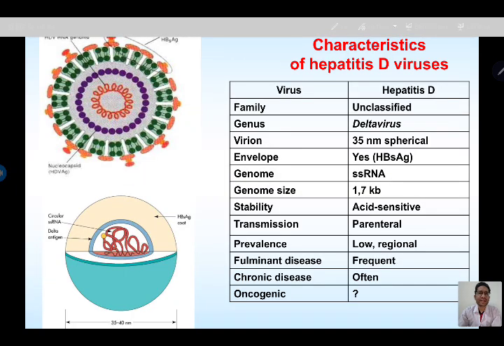You can see the characteristics of the hepatitis D virus. The family is unclassified, genus Deltavirus. Virion is 35 nanometers, spherical.